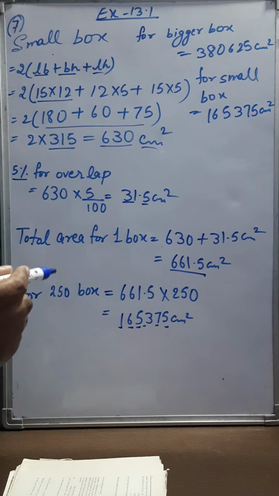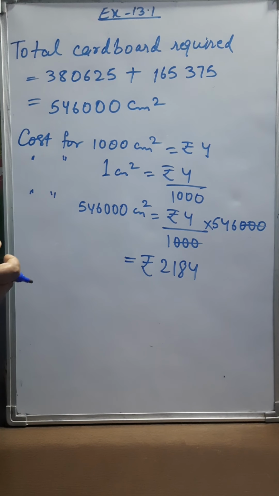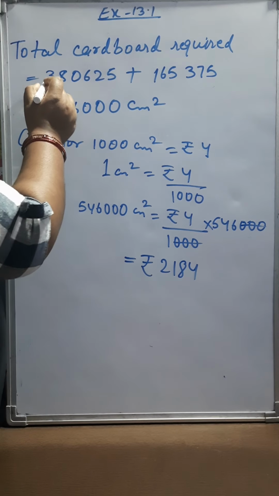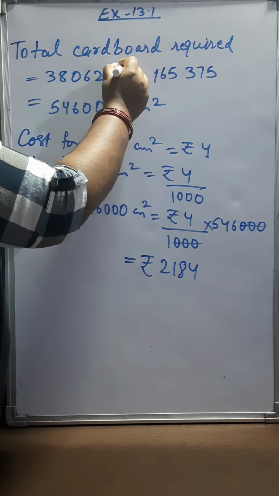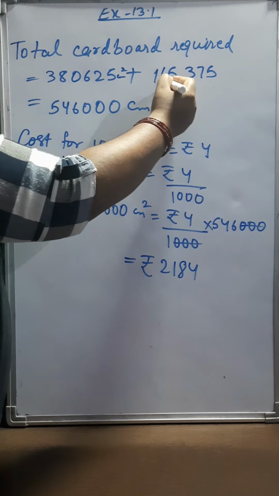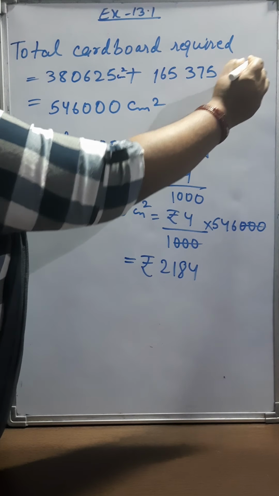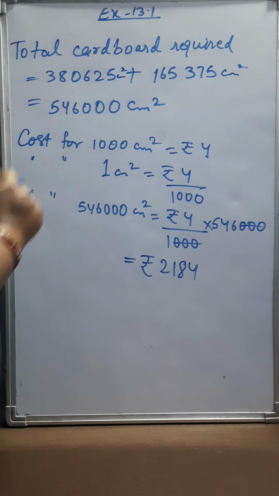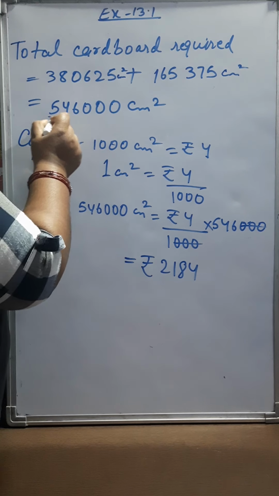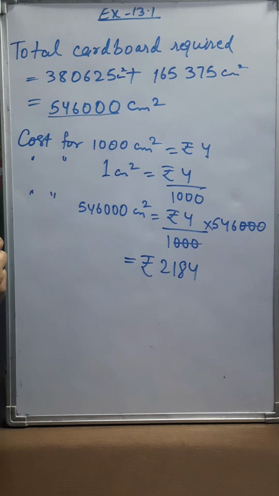Now let us calculate its cost. Now total cardboard required is 380625 centimeters square for the big box and 165375 centimeters square for the small box. When these two are added, we are getting 546,000 centimeters square. This much cardboard is required for making all the boxes.